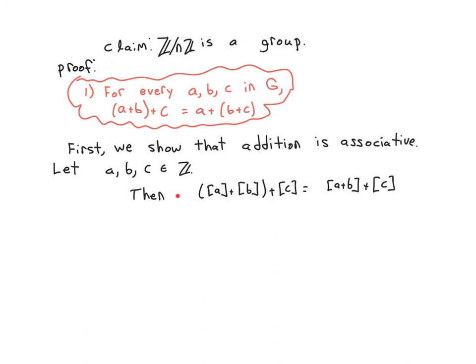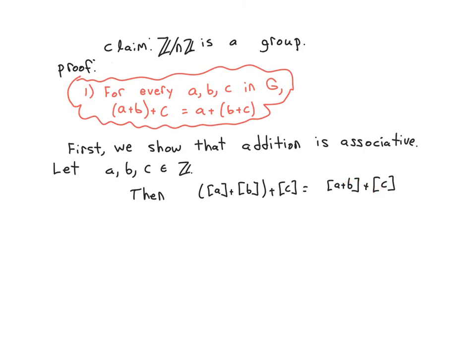So start. Here's this calculation in the group with the parentheses on the left. Equivalence class of A plus the equivalence class of B, parentheses, plus the equivalence class of C. Well, there's not much we can do, so let's apply the definition of addition inside these parentheses. This sum is the equivalence class of the sum of A and B. And we see there's not much else we can do.